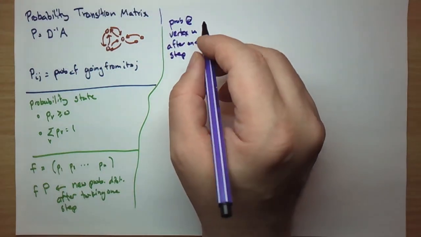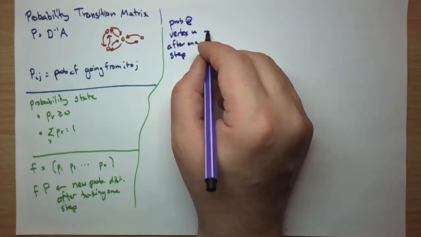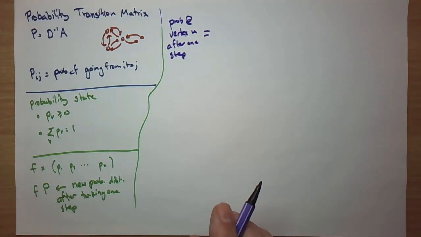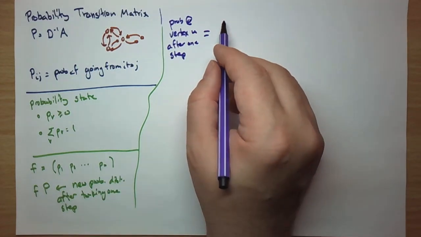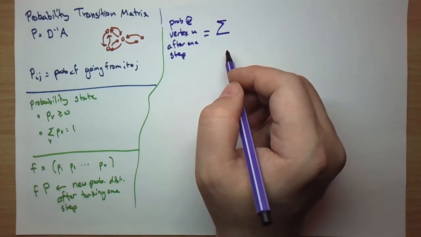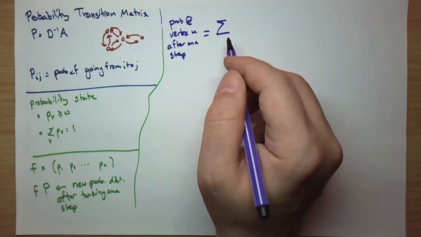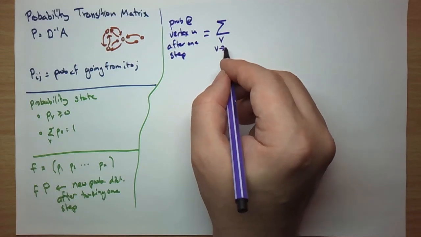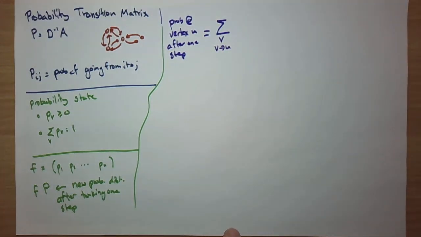How would one do that? Well, I have to get to vertex u. So what am I going to sum over? Right, everything that I could. I'm going to sum over all the vertices such that there's a directed edge from v to u.